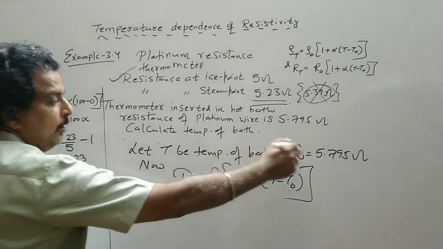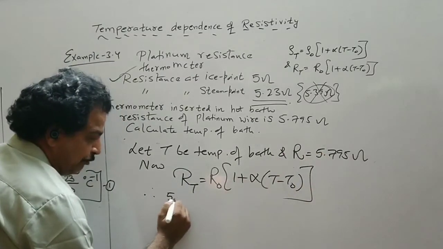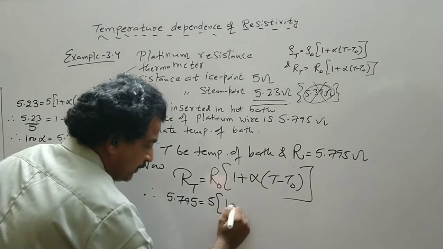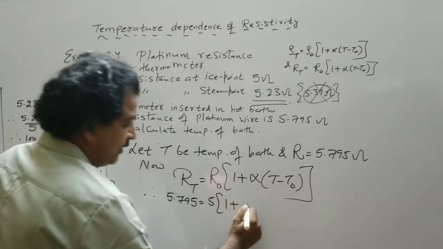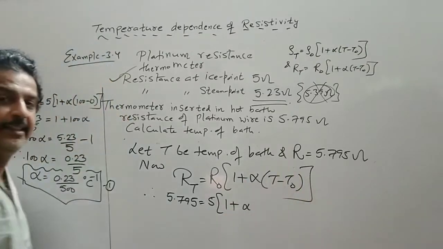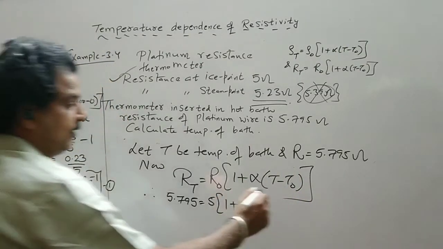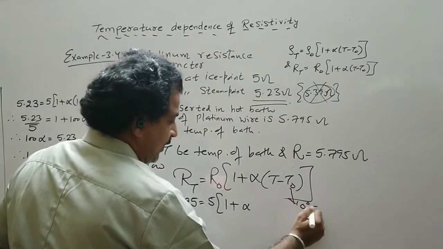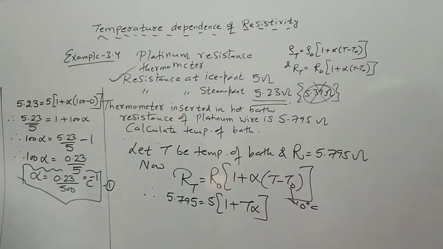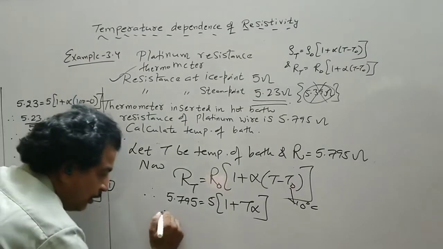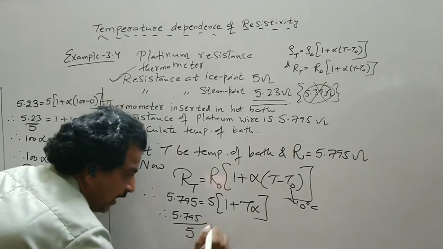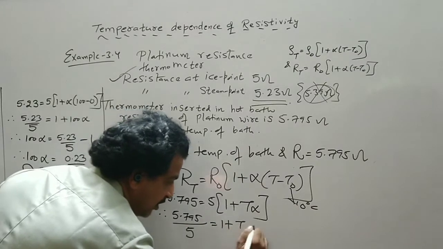Now I simply substitute the value: 5.795 is equal to 5 times, within the bracket, 1 plus alpha times T minus 0 degree centigrade. So it becomes simply T alpha. Therefore 5.795 divided by 5 is equal to 1 plus T alpha.